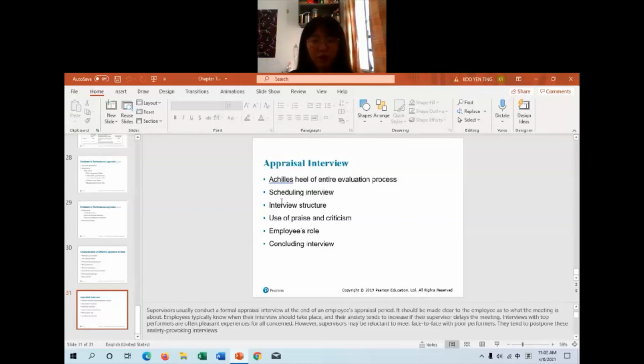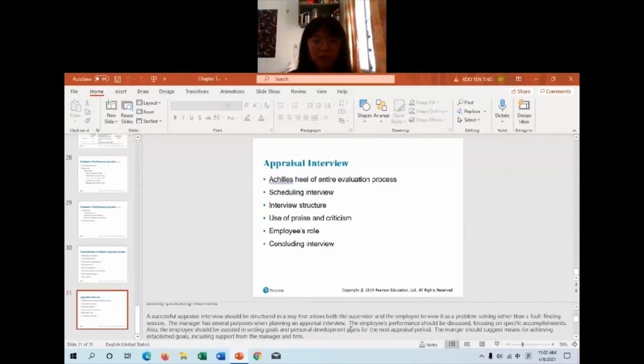So we should focus on interview structure and scheduling the interview. A successful appraisal interview should be structured in a way that allows both the supervisor and employee to view it as a problem-solving rather than a fault-finding session. The manager has several steps when planning an appraisal interview.